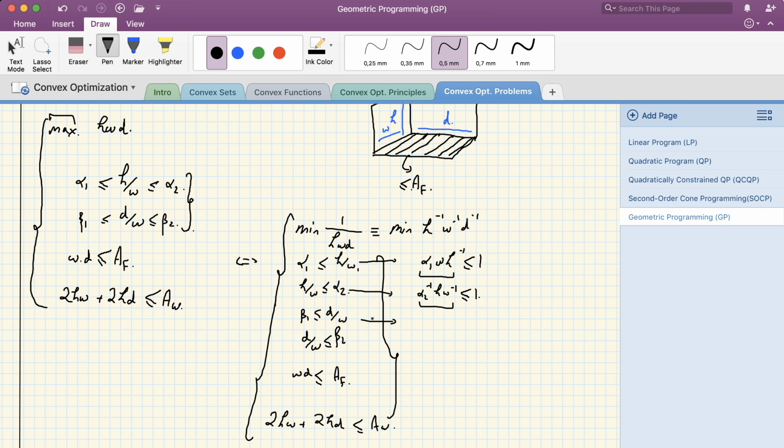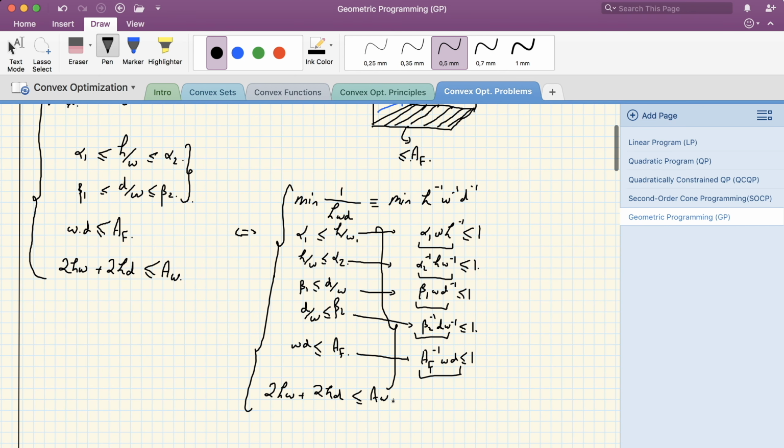Right here, same thing. Divide by D over W: beta 1 W D^-1 less than 1. Polynomial, no problem. Next, same thing here: beta 2^-1 D W^-1 less than 1. Polynomial, no problem. Divide by A_F, and get A_F^-1 WD less than 1, polynomial, no problem.